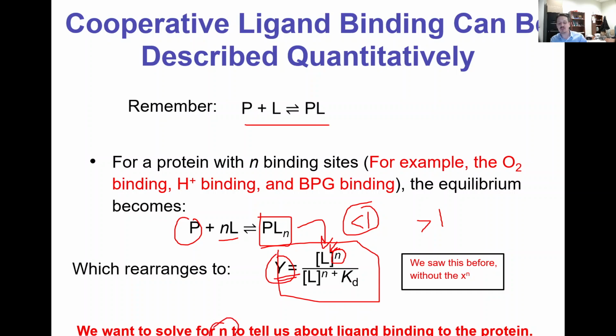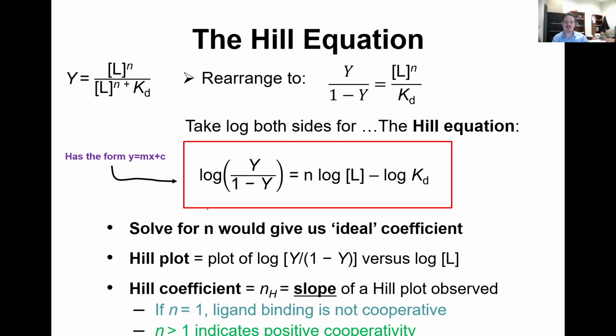And so we'd like to be able to find out what n is. And so simply, we can just rearrange the equation. We can rearrange it to this, and then if we take the log of both sides, we can rearrange it to this. But now we have n isolated, and we have a y equals mx plus b, plus or minus b, doesn't matter, which is a straight line equation.